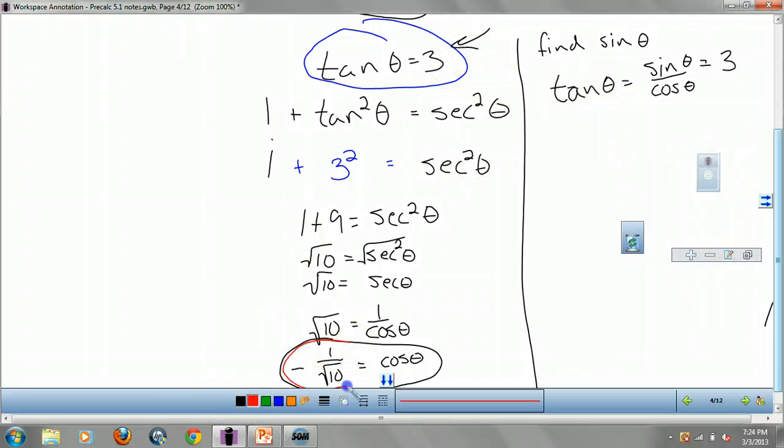Now, cosine is equal to negative 1 over square root of 10. So I can plug that in down here. Right? Well, of course I can, silly gooses.